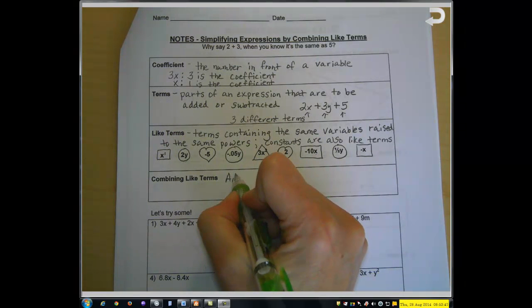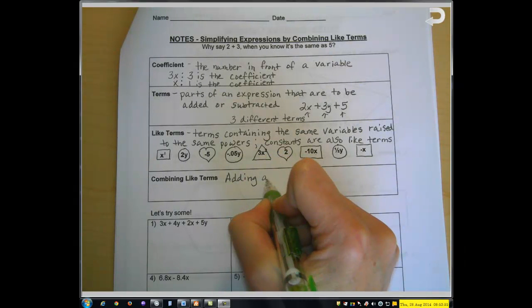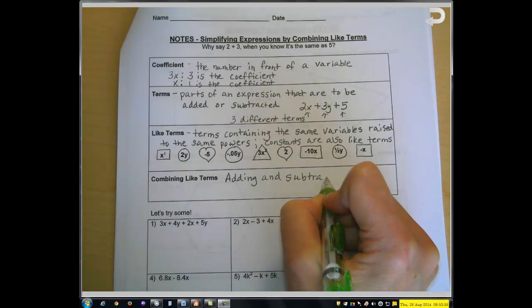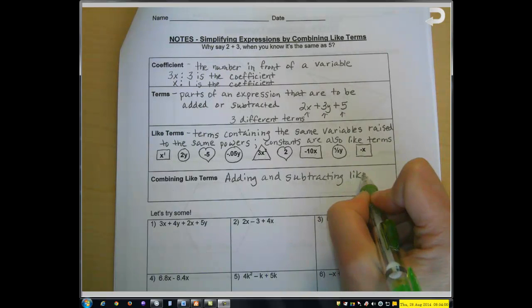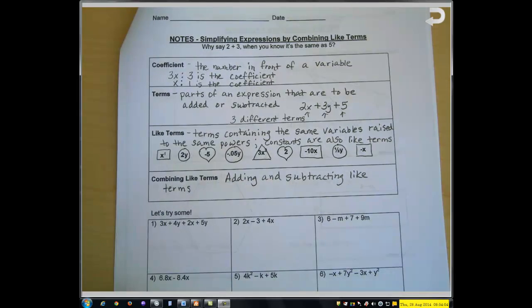Combining like terms means adding and subtracting like terms. So whenever we have like terms, we can simplify the expression by adding or subtracting those like terms.